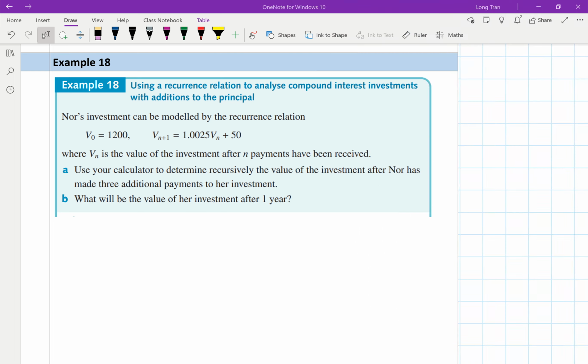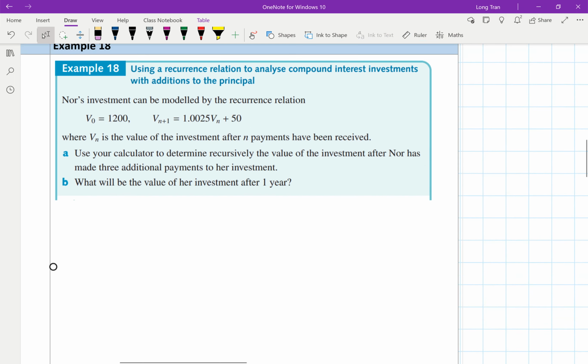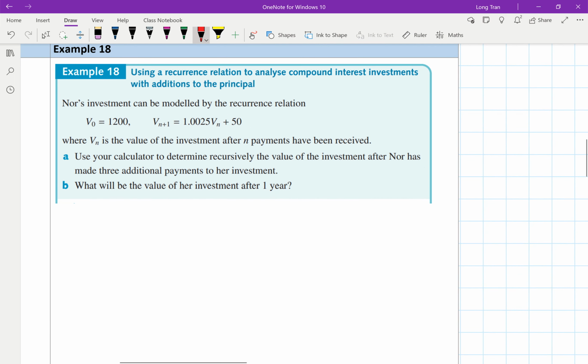So based on the recurrence formula, we can see that your starting value or principal V0 was $1,200. And then the recursive model tells us that we're going to multiply it by 1.0025 to the power of whatever N value is, plus 50.